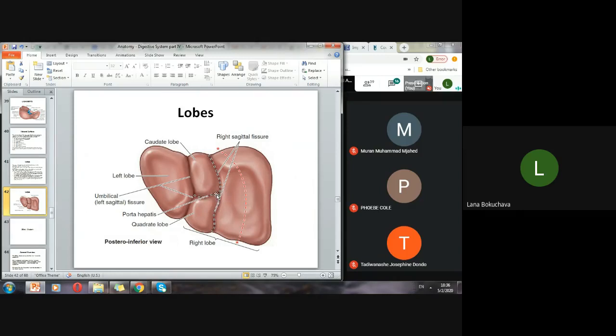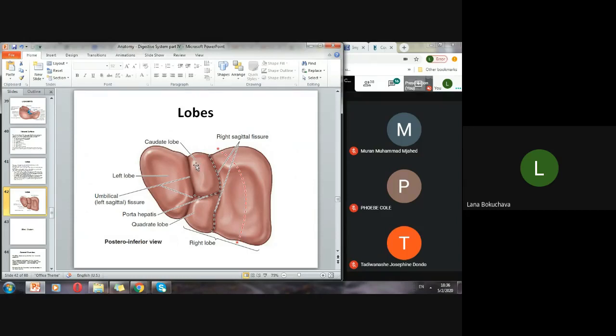And by the way, the porta hepatis is the one where we have a portion of the entrance of the hepatic portal vein. And in this case, we do have two more types of lobes, which are the quadrate, as you can see, as well as the caudate type of lobe.